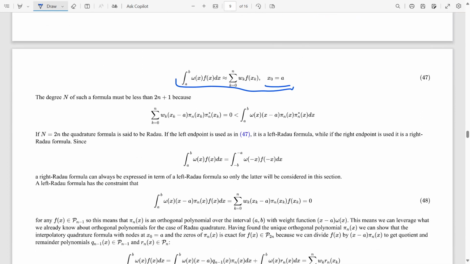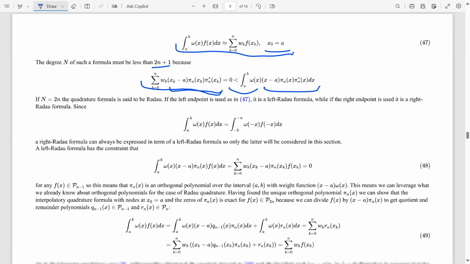Now, the degree of such a formula has to be less than 2n plus 1 because here I've got this polynomial of degree 2n plus 1, and when I do the integral, well, that integral is non-negative, so the integral is positive, but the quadrature formula that we would get if it had degree 2n plus 1 would have to be 0.